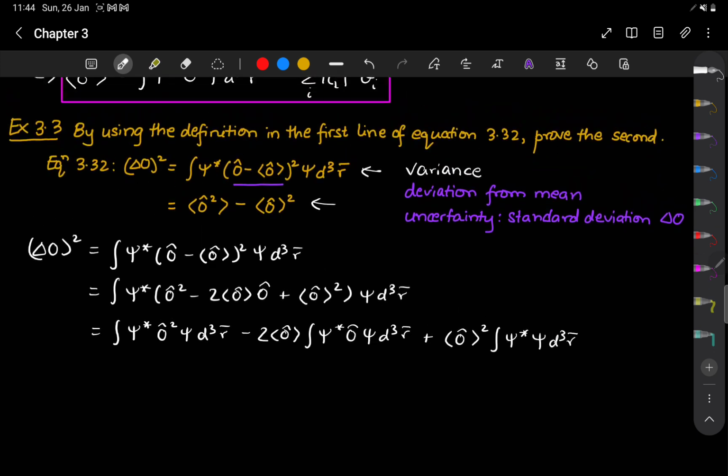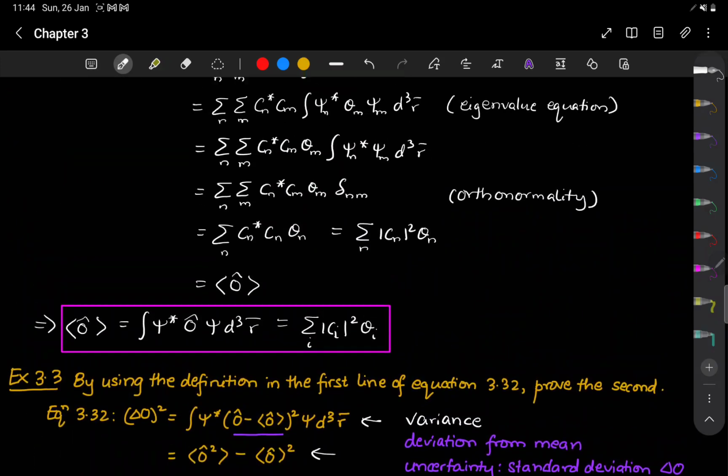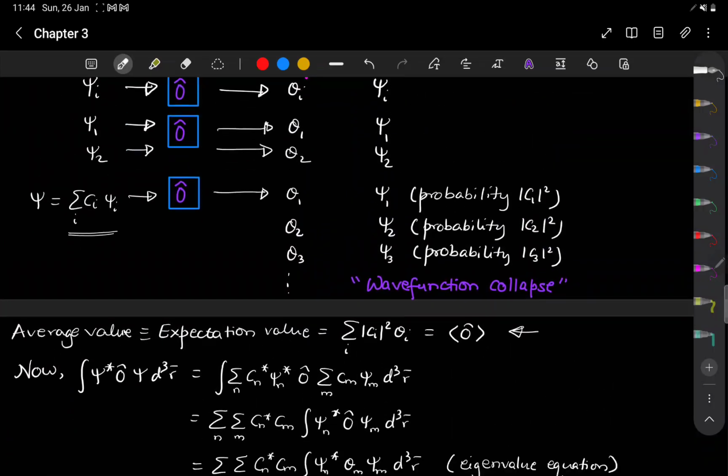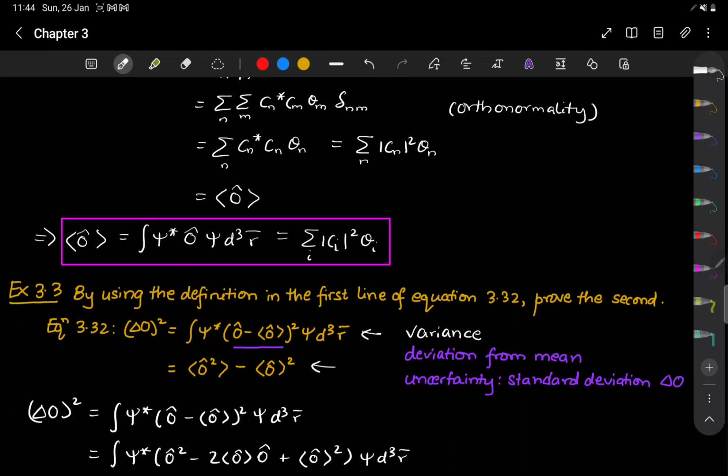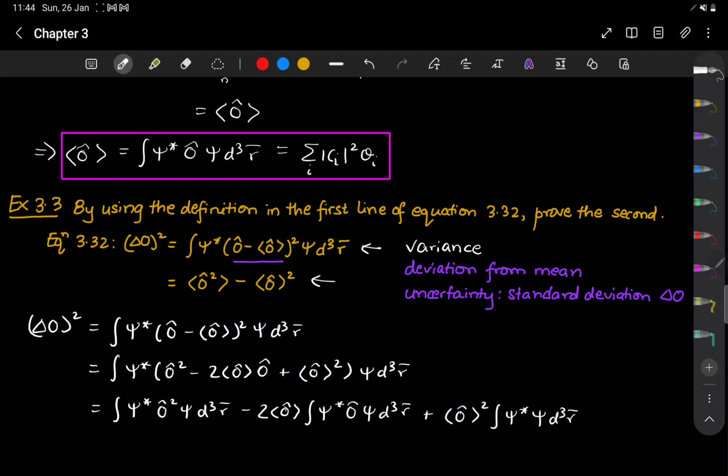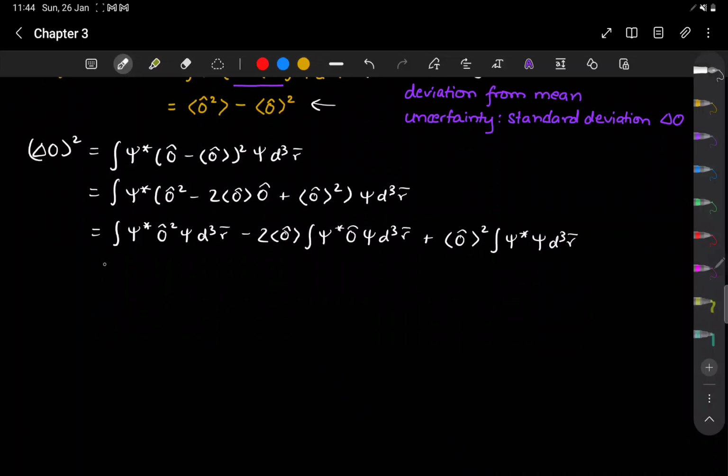Now we will make use of the definition of expectation value from the previous problem. In the previous problem, we saw the definition of expectation value given over here. Expectation of operator O cap is basically the integral psi star O cap psi integrated over the entire volume d cubed r. So using this definition of expectation, we can write down the following. This first term is nothing but the expectation of O cap squared, the square of the operator, so the operator acted on again.